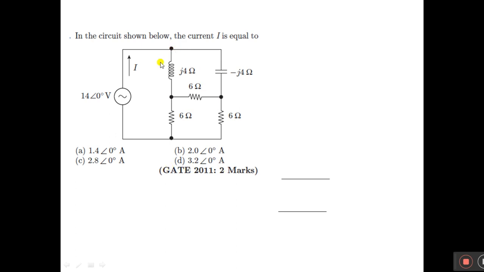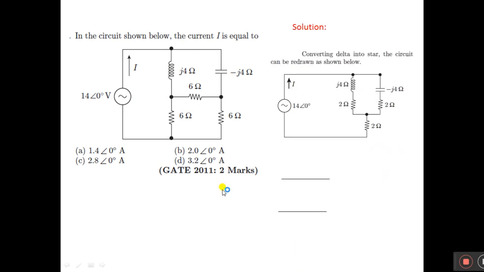You can directly simplify the resistors and put V by R, and we can directly calculate I, right? For that we must simplify this circuit. Here a resistor network is given. The resistor network looks like a delta form. We need to convert this delta into star.